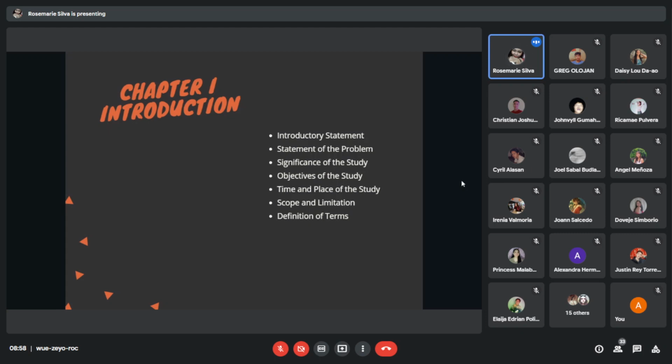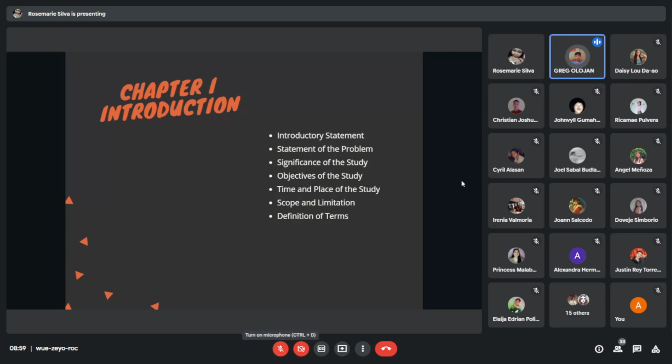Now, the introductory statement, yun yung under sa chapter 1. Introductory statement or the background of the study, the statement of the problem, significance of the study, objectives of the study, time and place of the study, scope and limitations, definition of terms. Merong wala dito. Ano yung wala dito? Time and place of the study, ma'am.